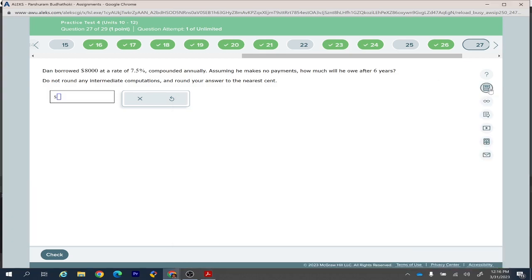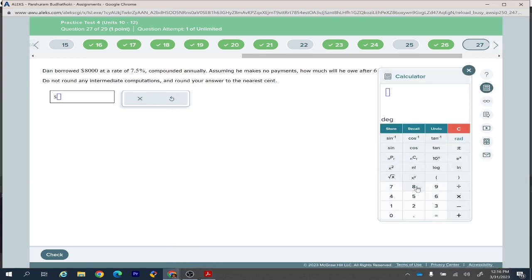So we have a calculator available. It's 8,000 times 1 plus R, which is 0.075, divided by N, which is 1, to the power N times T. N is 1 and T is 6, so N times T would be 6.